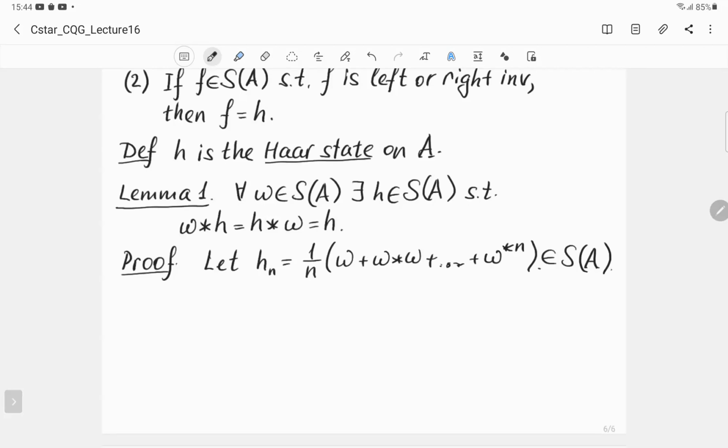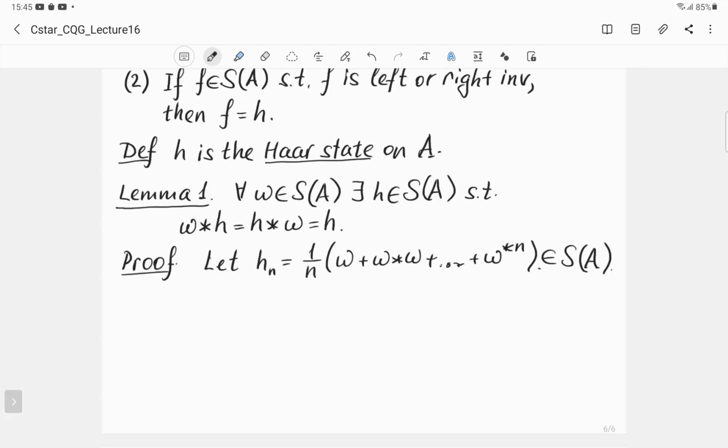Why is it a state, by the way? Let's recall that in the unital case, and here A is unital, a state can be equivalently defined as a positive functional, which takes the identity to the identity. So clearly this takes the identity to the identity, and so it's a state.